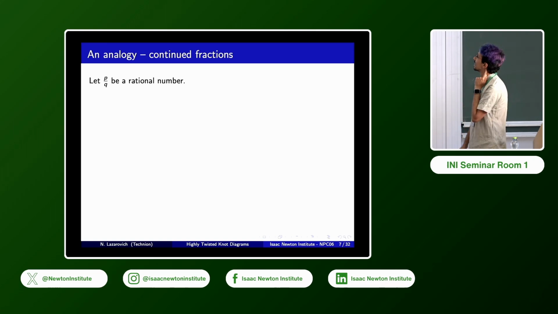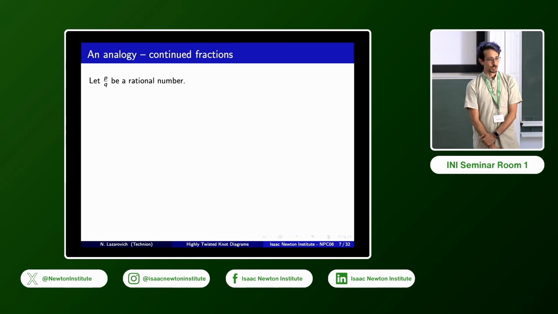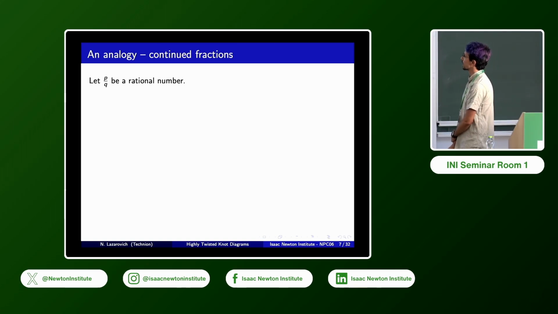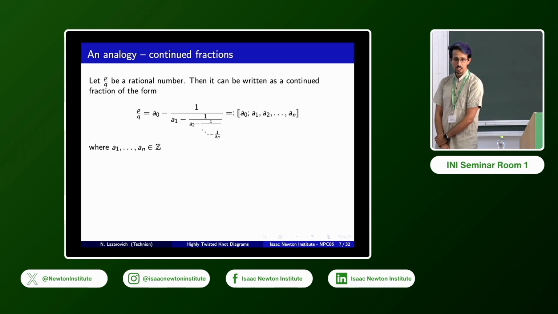Sorry about it, but the goal is representing rational numbers. We know that if you take a rational number, one can represent it using a continued fraction.